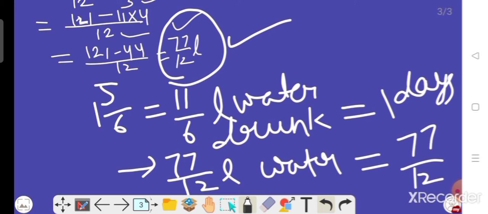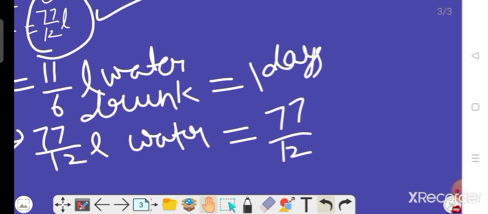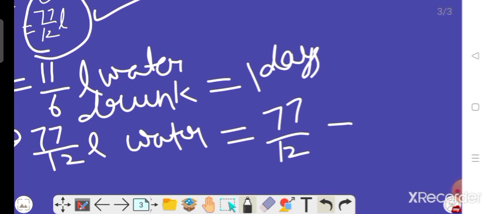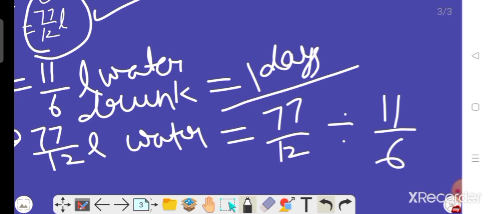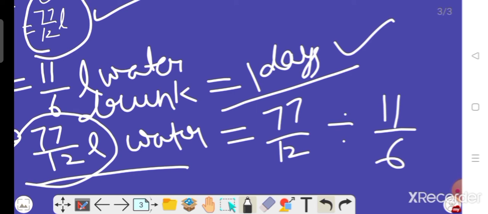So from here 77/12 liters of water will be drunk, 77/12 divided by 11/6. As you know, we have been given the amount of water that we drink in one day, and then we have to find the number of days in which we will drink 77/12 liters.